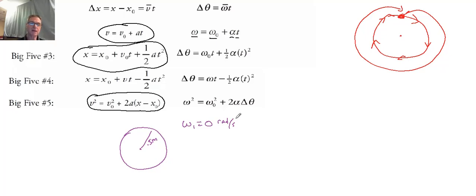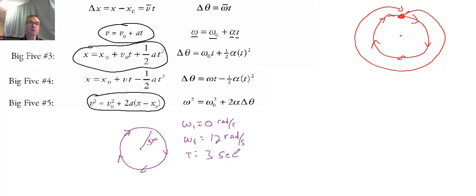Through some means, I increase the velocity of my wheel from 0 up to 12 radians per second. So it is now spinning, let's say in a clockwise motion, and I'm able to do that in a time equal to 3 seconds.